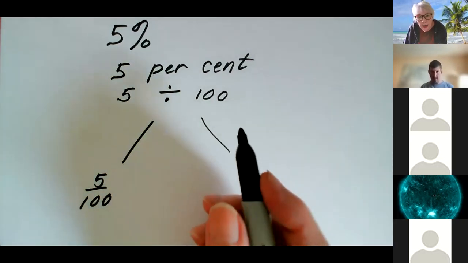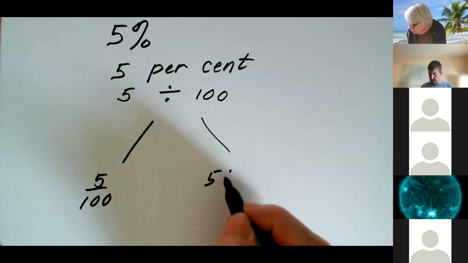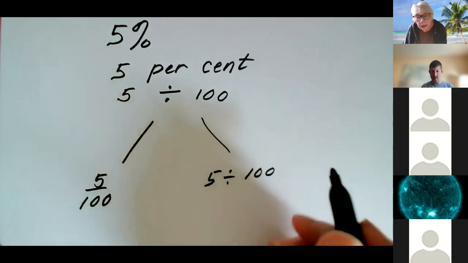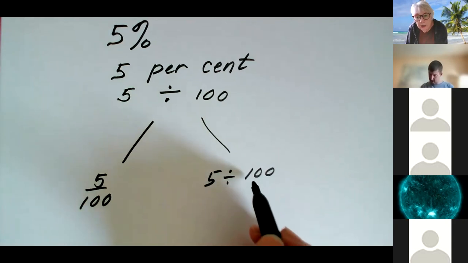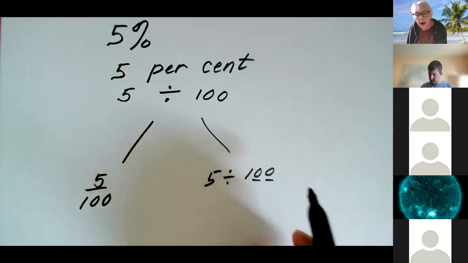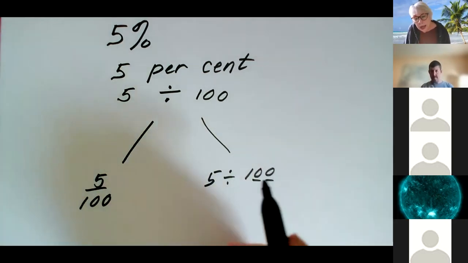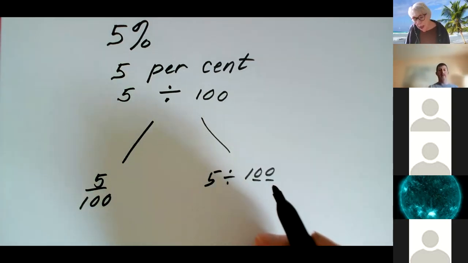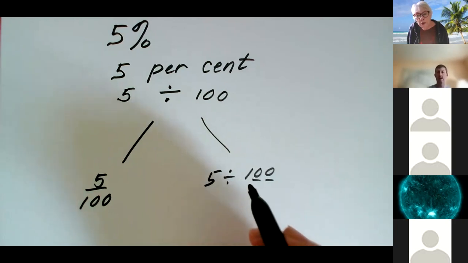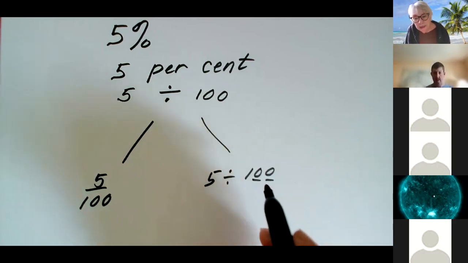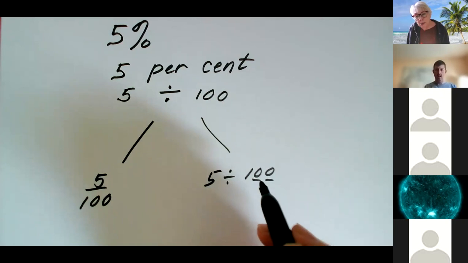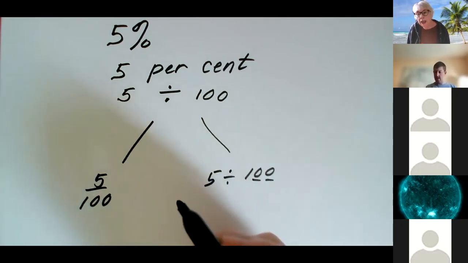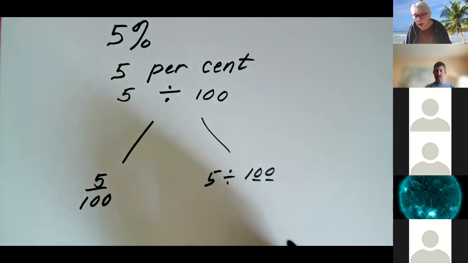The decimal way, 5 divided by 100, you may remember that when you multiply or divide by 10, 100, 1,000, it's a decimal shift. So multiply, you would move the decimal to the right to make it bigger, but divide, you move the decimal to the left to make it smaller because you're dividing by 100.